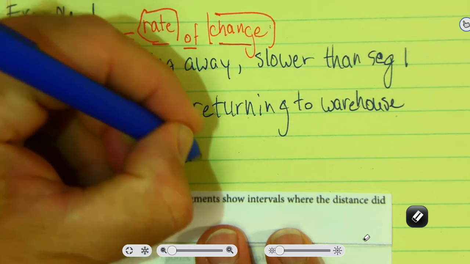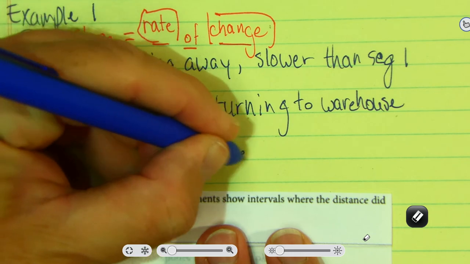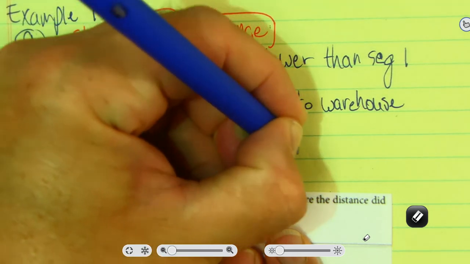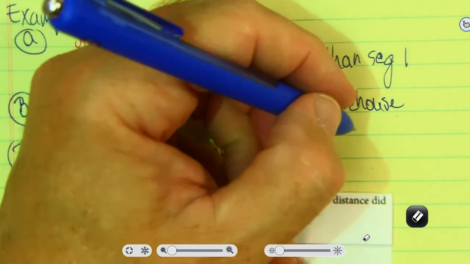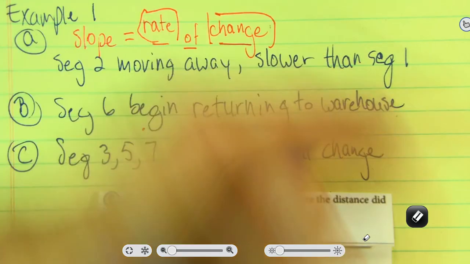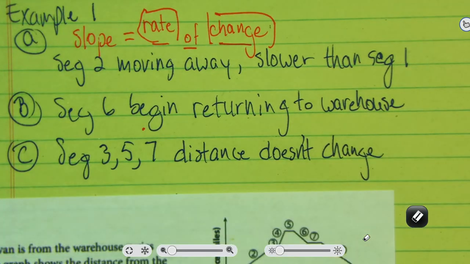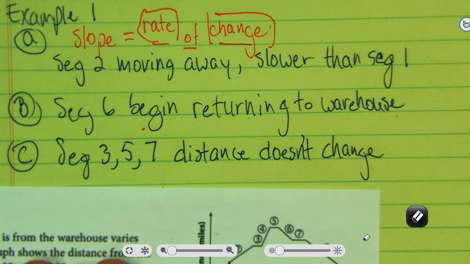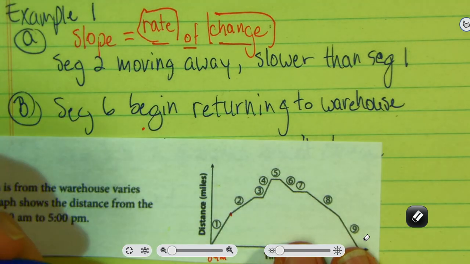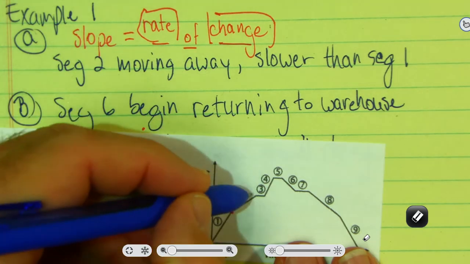The distance doesn't change. How did you know that? What is it about it that tells us the distance doesn't change? Yeah, exactly right, Octavian. It's flat. So this has no slope, well, not no slope.